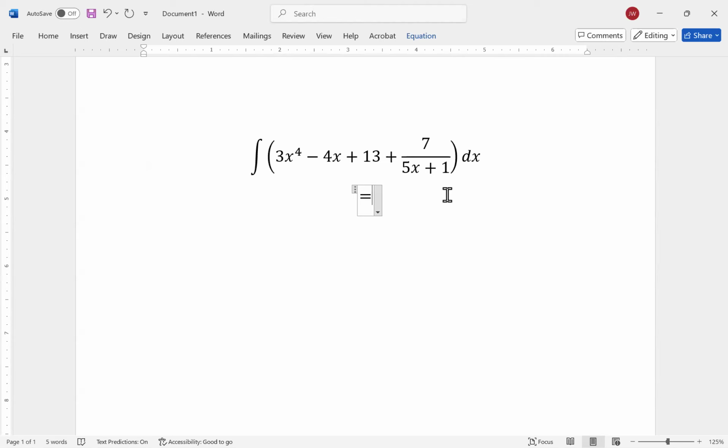We're going to get 3/5 x to the fifth. That's what happens when I raise the exponent on x by 1 and then divide by 5. Minus 4/2, which is better called 2x squared. I'll write that 4/2 as just being 2.